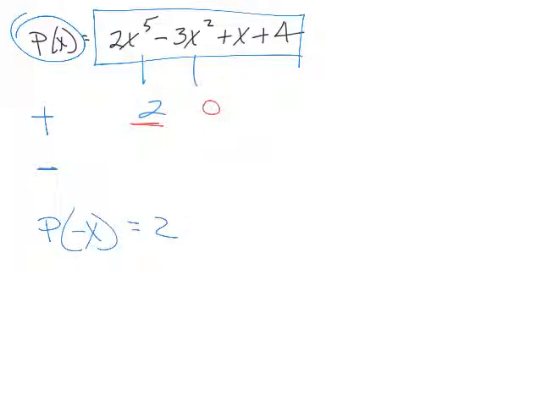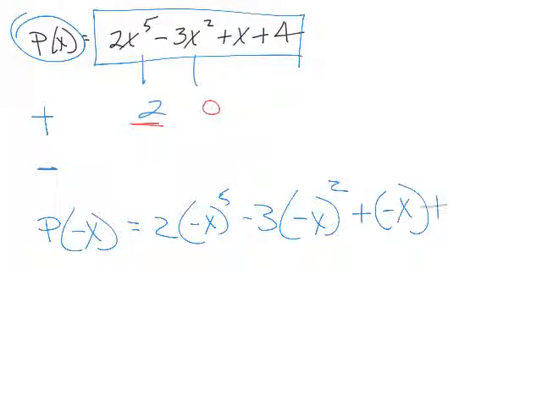So that gives me 2 times negative x to the 5th minus 3 times negative x squared plus negative x plus 4. So we just stick a negative x in there whenever we see an x. And we get negative 2x to the 5th minus 3x squared minus x plus 4.